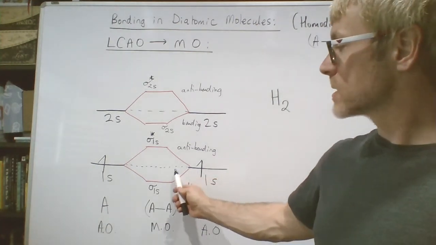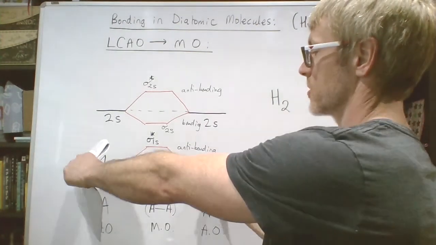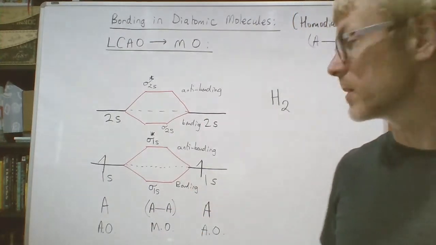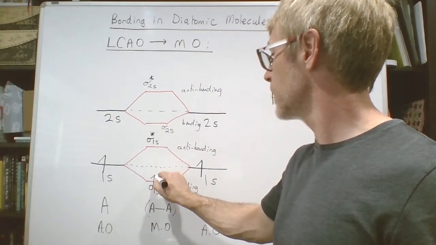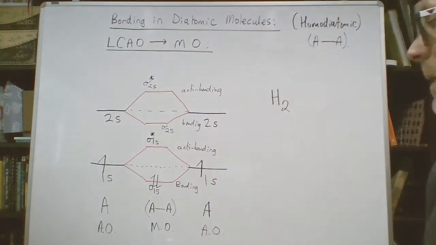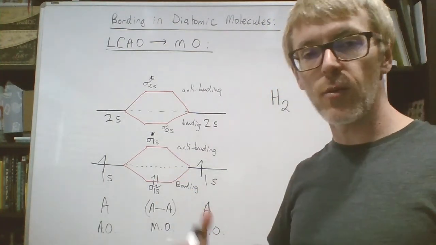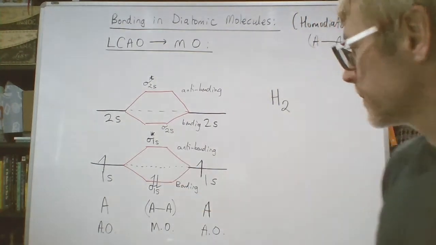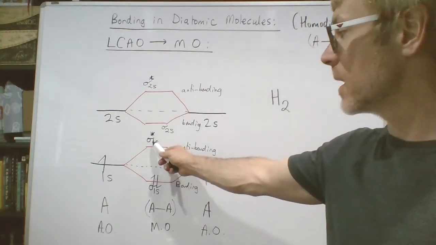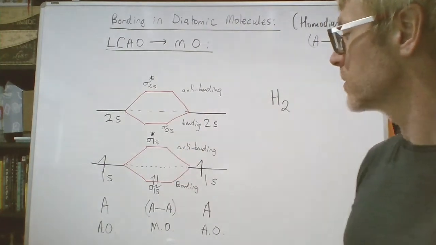So two electrons come together, they're naturally going to sink down into the bonding orbital, and they would form an anti-parallel pair because of the Pauli exclusion principle, to give them four unique quantum numbers. And there's no anti-bonding presence here, so there's only a bond.